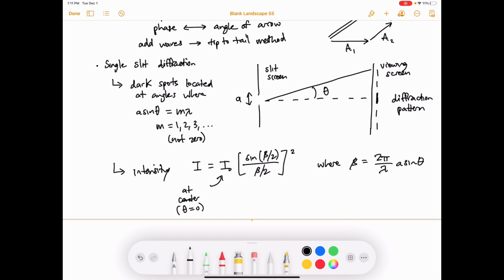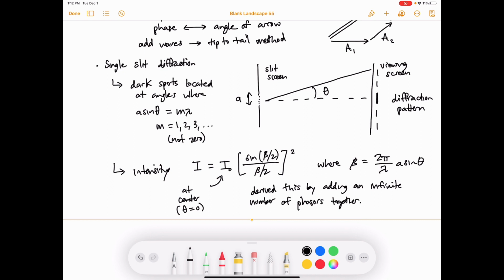Now, remember how we got this? We derived this by adding an infinite number of phasors together. Because if you think about what's going on here, we have a slit, and each point along the slit can be considered to be a source of a wave.